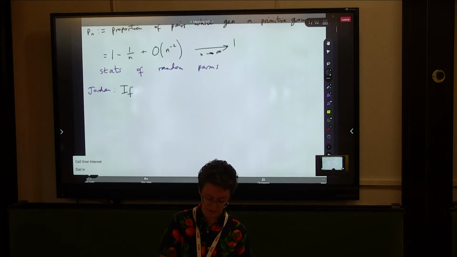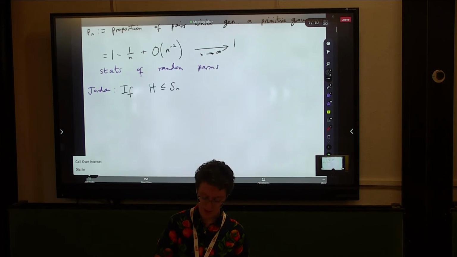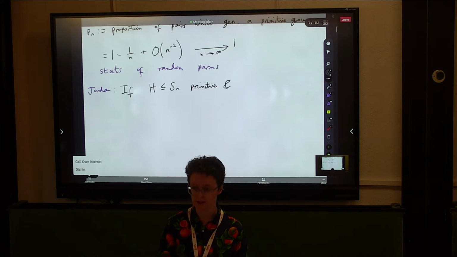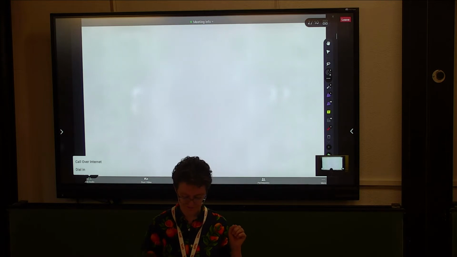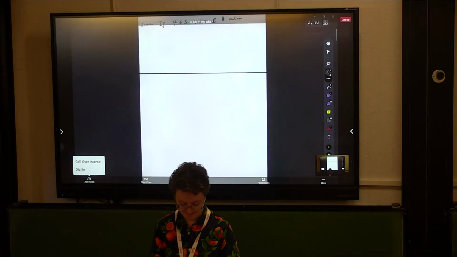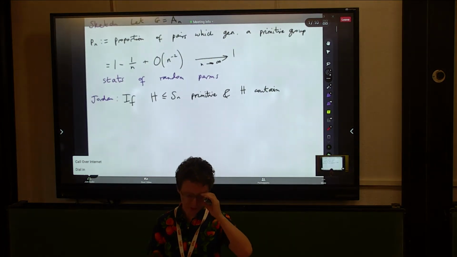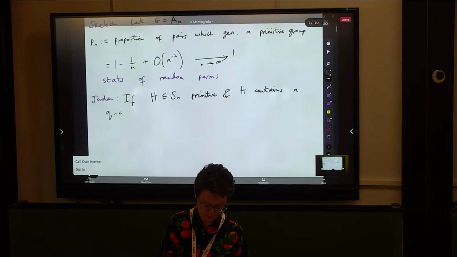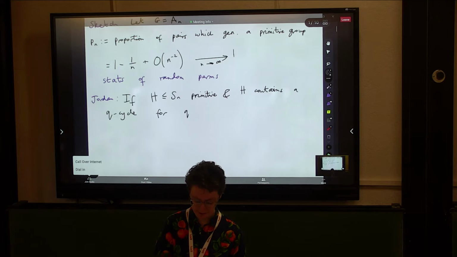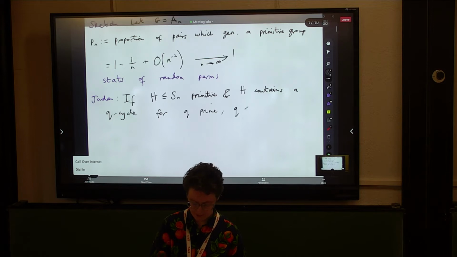So if I have a primitive permutation group, and I contain a certain kind of element, a Q cycle, where Q is some prime that's small enough, and by small enough, it doesn't have to be very small.